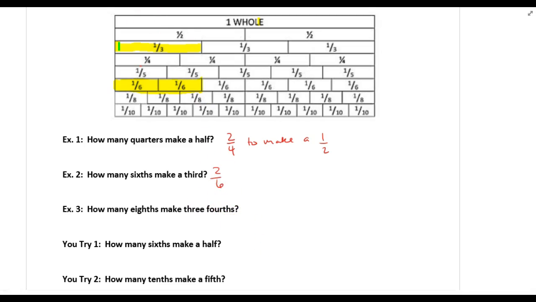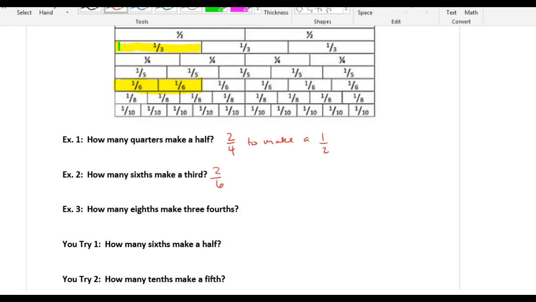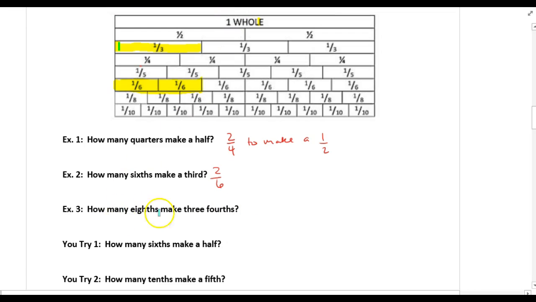So how many eighths make up 3 fourths? If I look, here's 1/4, here's 2 fourths, here's 3 fourths. If I follow this line down here, it meets here. So these eighths help make up 3 fourths.